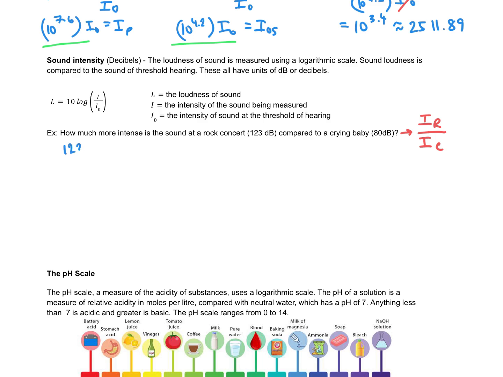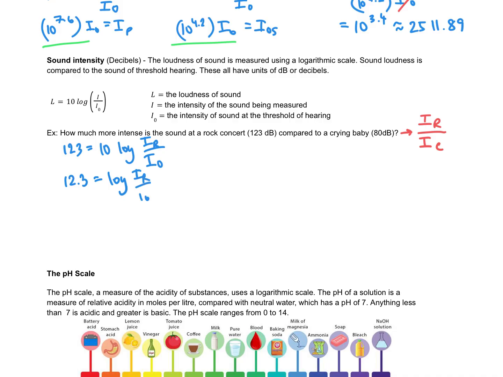The loudness for a rock concert was 123 decibels. Unlike the previous example, I can't go straight into exponential form. I'm going to divide both sides by 10 first, so I could get rid of that coefficient.